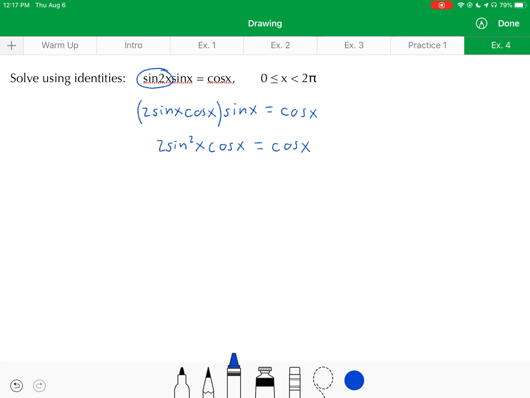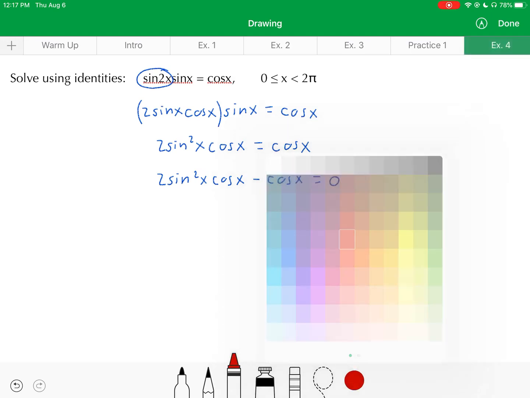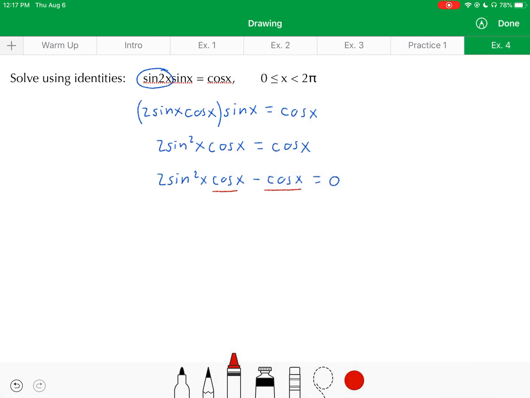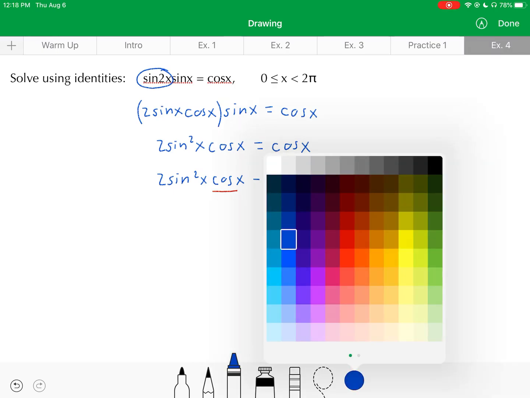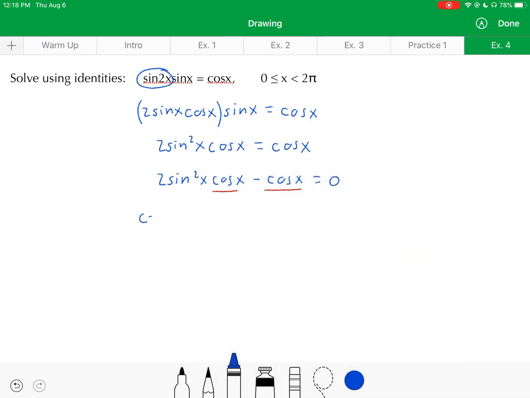okay? And this time I actually don't mind that I have both sine and cosine functions in the equation, all right? Here's the approach I'll take. I'm going to set this equation equal to 0 by simply subtracting cosine of x over to the left side, okay? And then my approach here is going to be recognizing there's a GCF of the cosine of x that can be factored out.